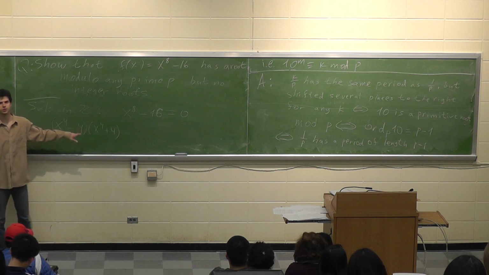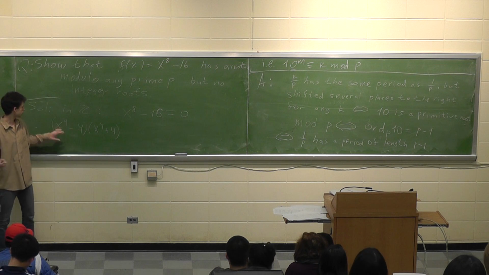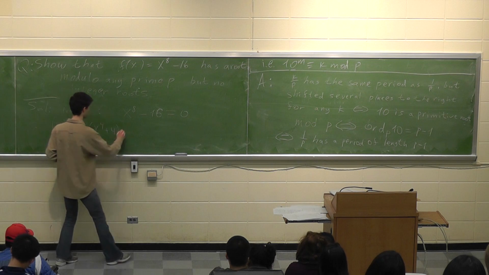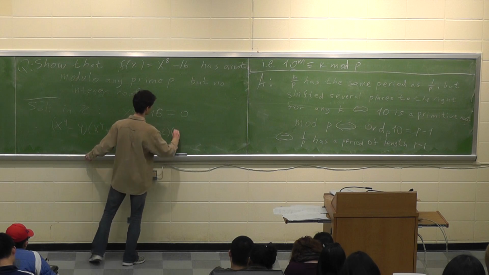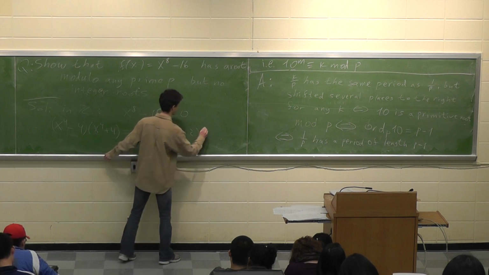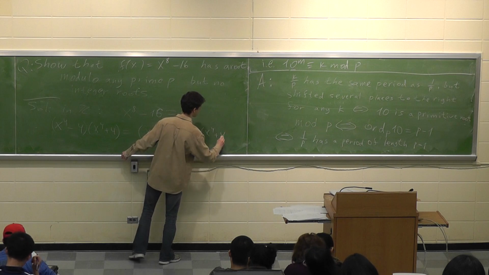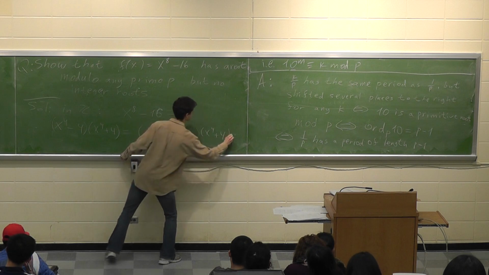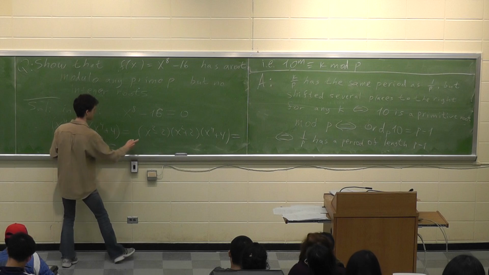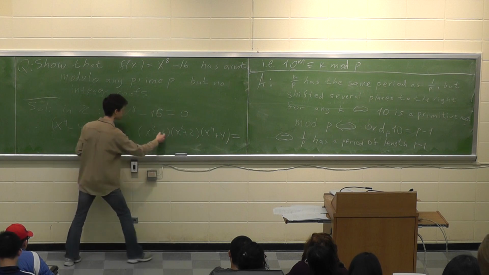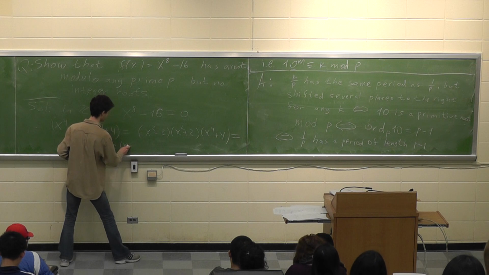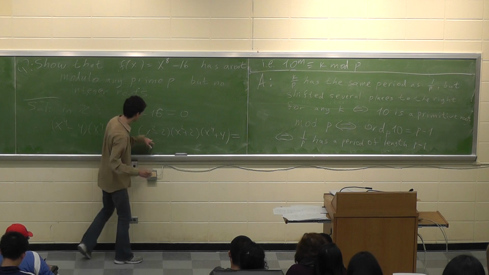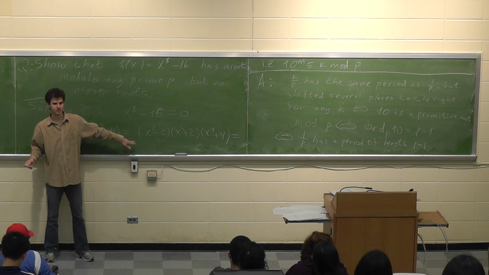This factor doesn't have any roots because it's always positive. This might have roots, but let's factor it into x squared minus 2 times x squared plus 2. Once again, these factors can't have roots, but these can. And this also doesn't have any integer roots.